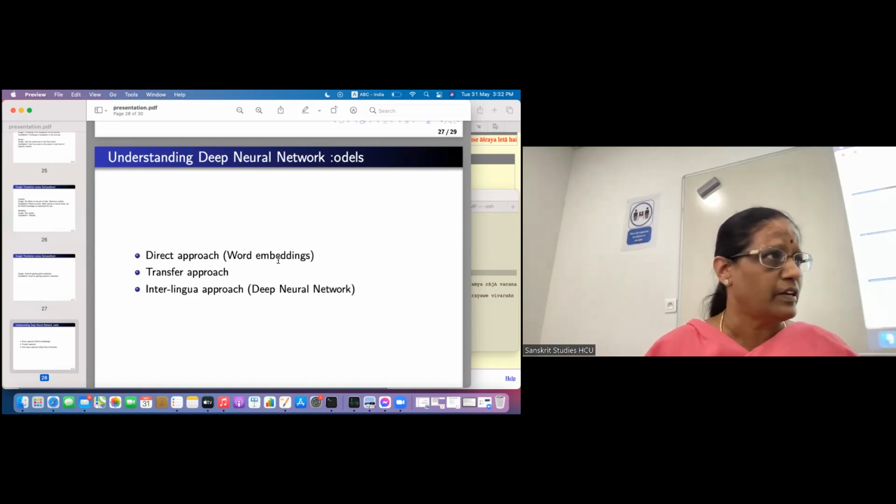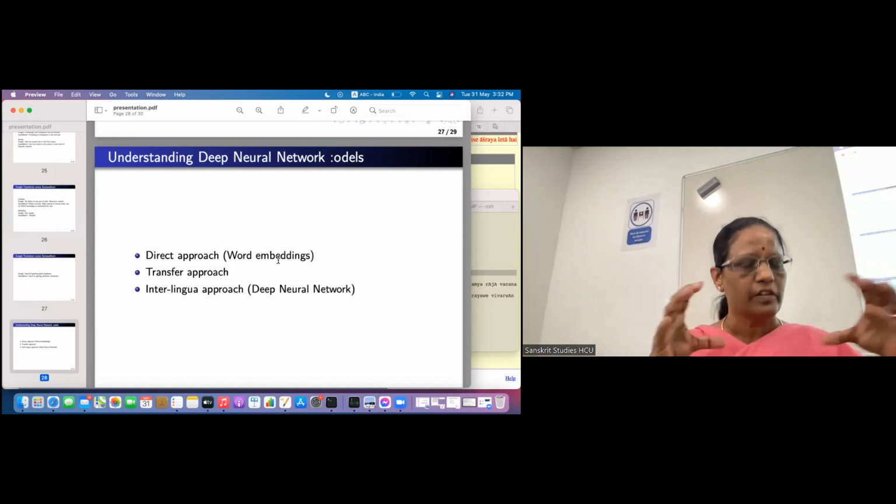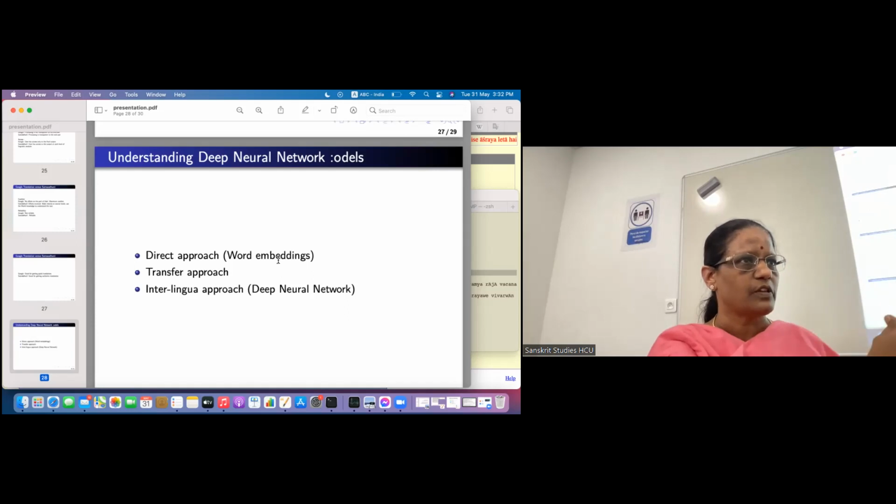Yeah, they might have taken these. And then from these, they learned the mappings for all the words that come in that corpus. So now they know that such and such vector in Hindi maps to such and such vector for some small corpus. Now you have a huge monolingual corpus of Sanskrit.